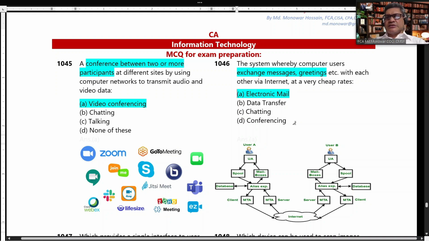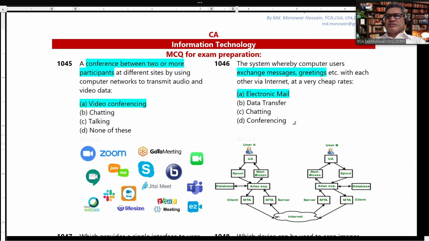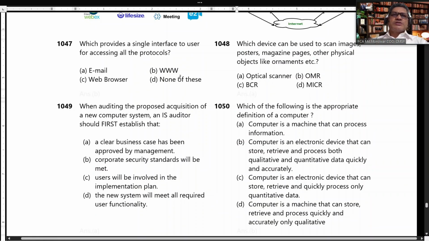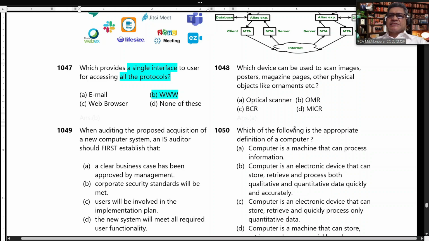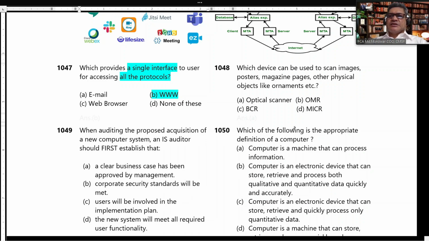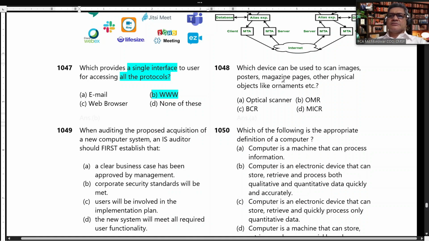Answer A. Which provides a single interface to use the processing of protocol? WWW, World Wide Web. Which device can be used to scan images, posters, magazine pages, and other physical objects?